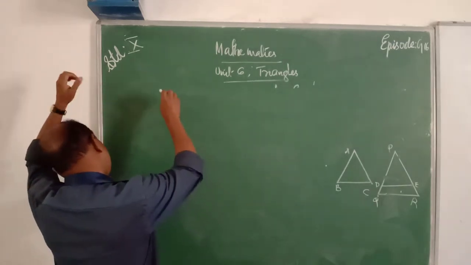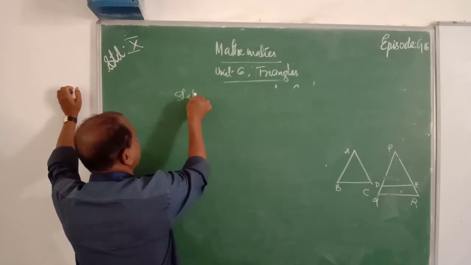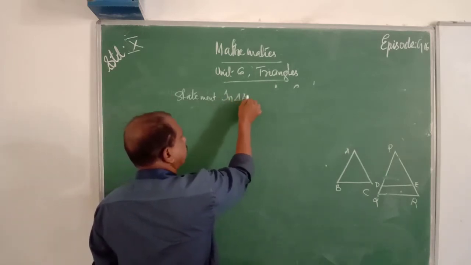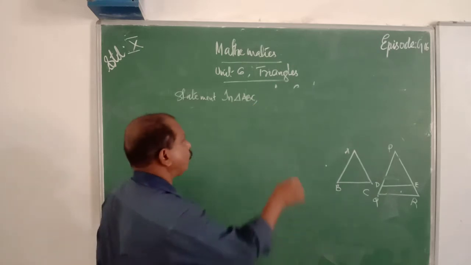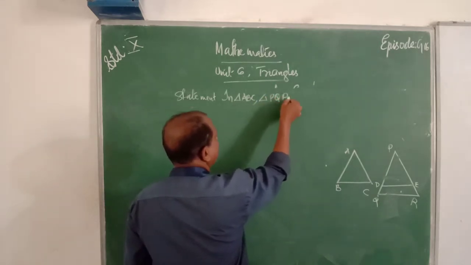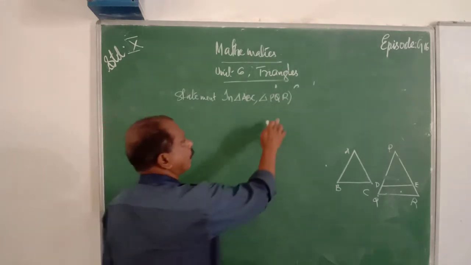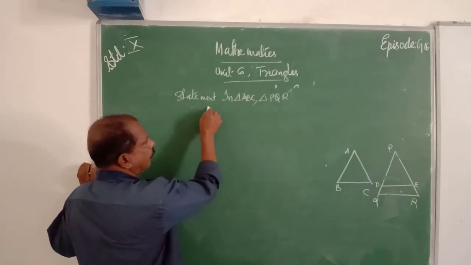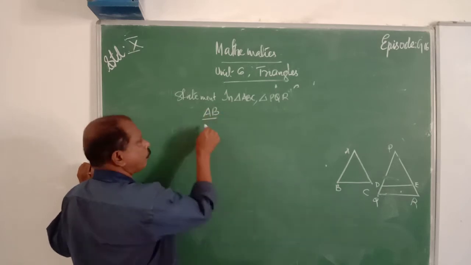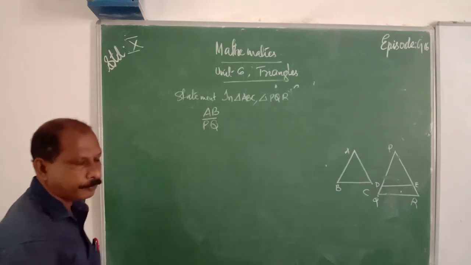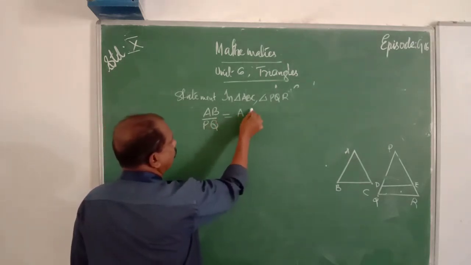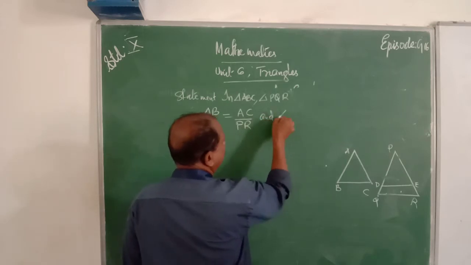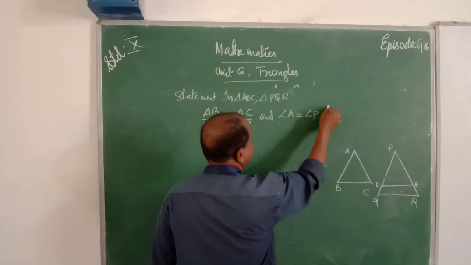That is the statement: if triangle ABC and triangle PQR have AB by PQ equal to AC by PR, and angle A is equal to angle P, these are given.